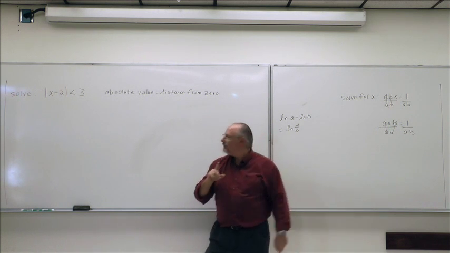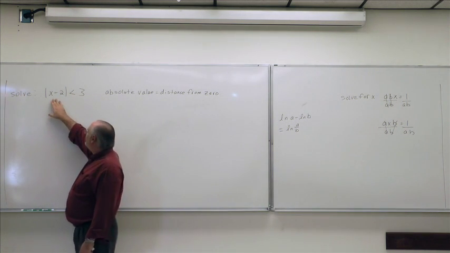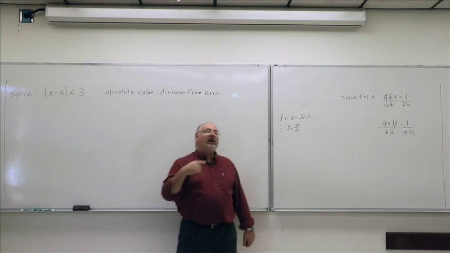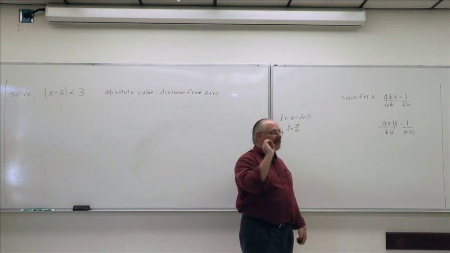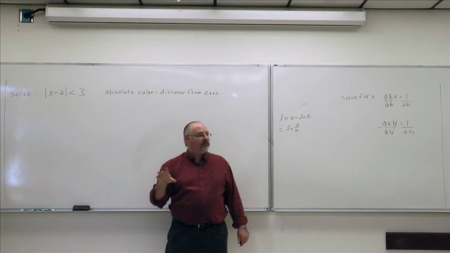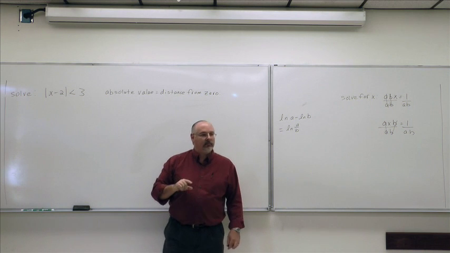Okay, that's the visual. So if the absolute value, or distance from 0, is less than 3, let's say your distance from 0 is exactly 3. Where are you on the number line?